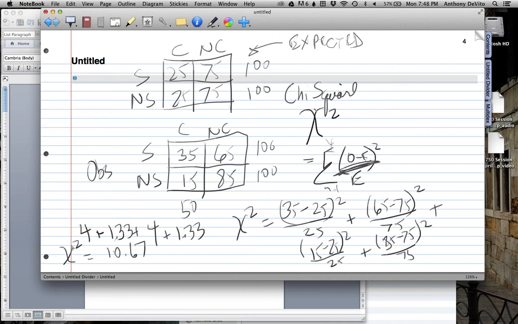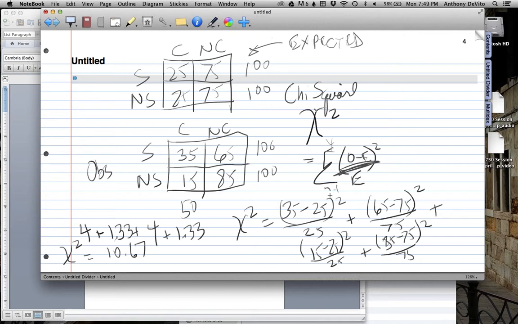Pretty simple calculation. There were a couple of questions because there was something that came up called the Yates Correction factor. Okay? For the moment, don't worry about the Yates Correction factor. What the Yates Correction factor would have us do, see where it says 35 minus 25, and you get 10, right? It would have us subtract 0.5 from that value, so when we square it, it's a smaller number.